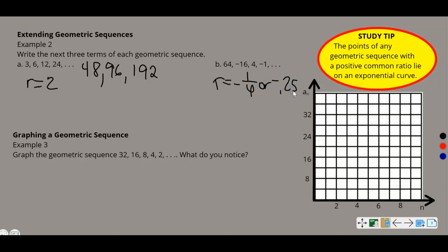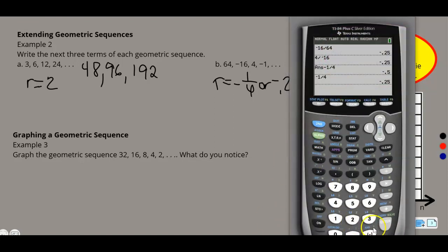And so I can write the next three terms by multiplying each one by negative 0.25. So if I have negative 1 times negative 0.25, that's going to be 0.25.